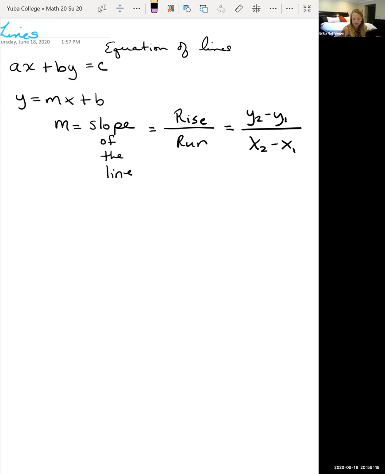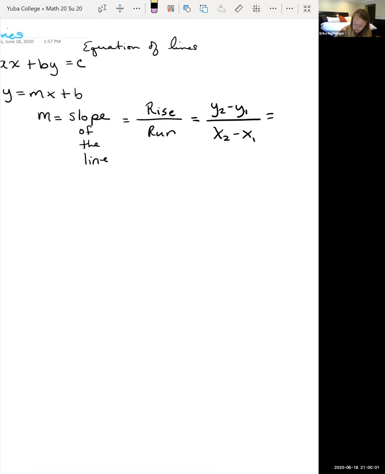As long as you're consistent with which point you're starting with in the numerator, you start with that same point for the x in the denominator. So I would get the same result if I had chosen, when I'm saying y sub 1 minus y sub 2 when I looked at the points, this would have to be starting with x sub 1 instead.